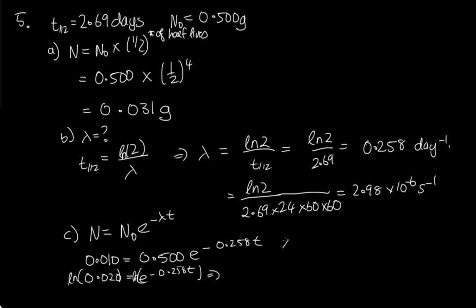So doing that gives us log of 0.020 is equal to minus 0.258 t, and so t is equal to 15.2 days.